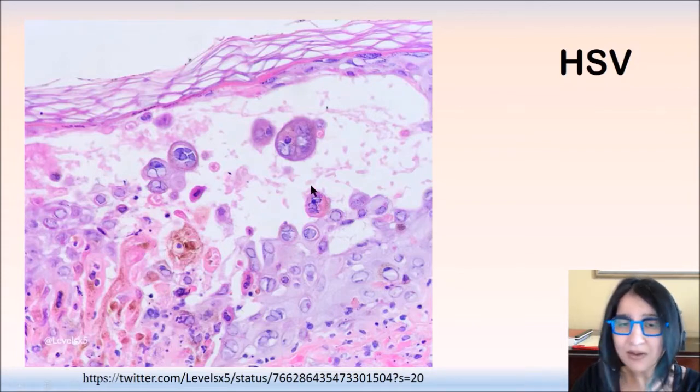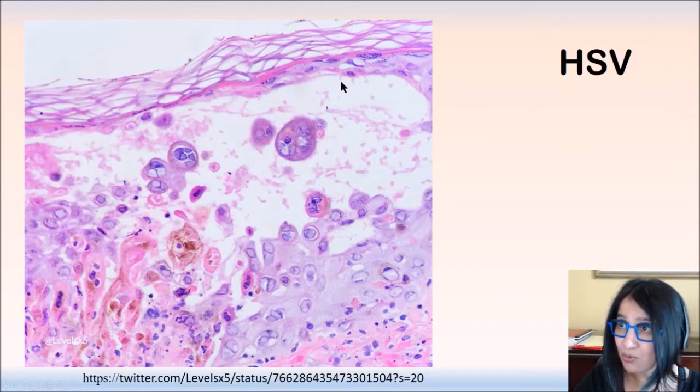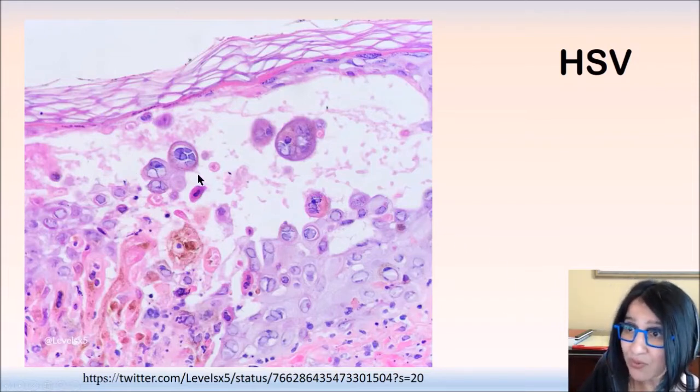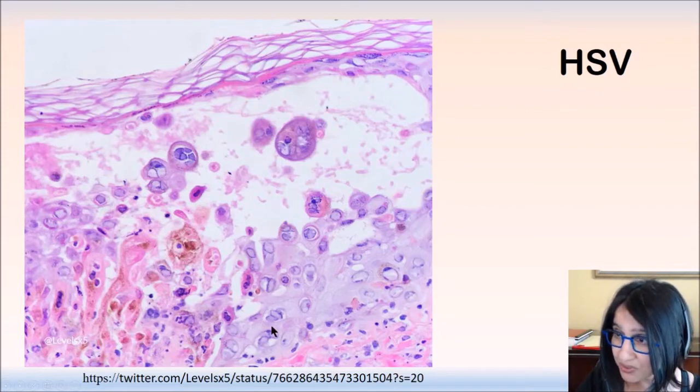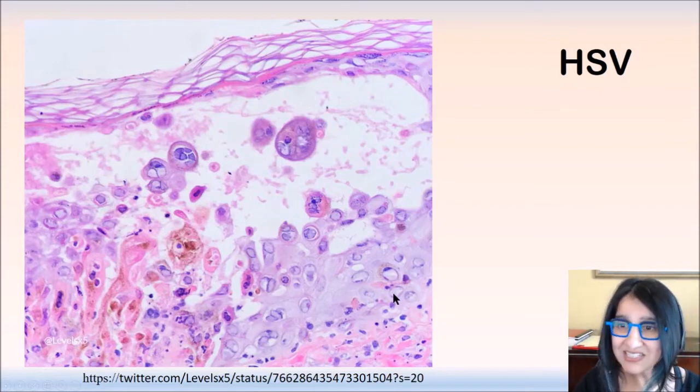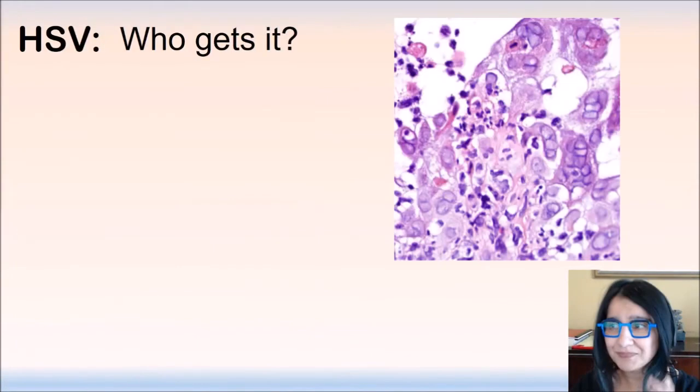So when you think about the vesicles that can form in association with herpes, this is the pathologic representation of that. Again, a roof of epithelium, but underneath it, kind of this space with all these viral inclusions. Incidentally, take a look at how these are herpes simplex viral inclusions, but so are these, so are these, so are these. This entire image is just chock-a-block full of herpes simplex inclusions.